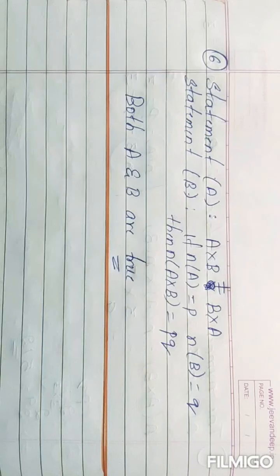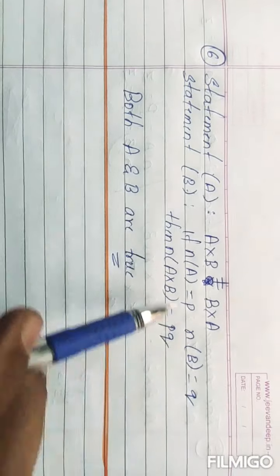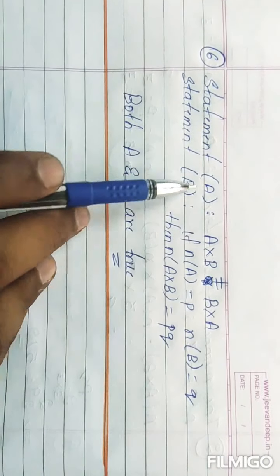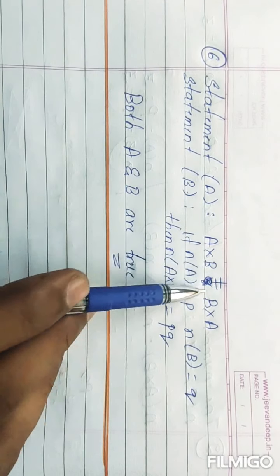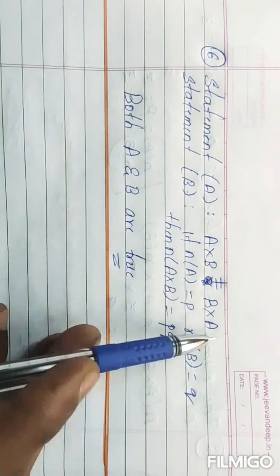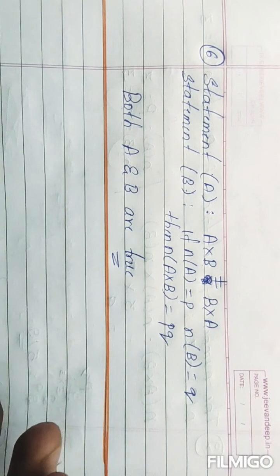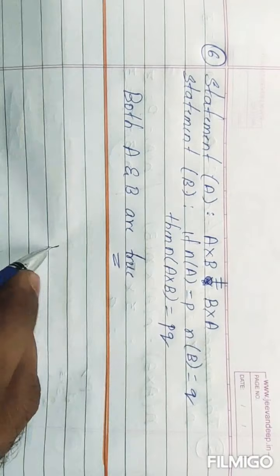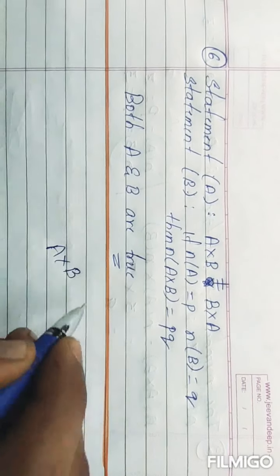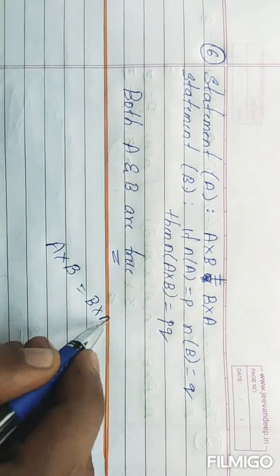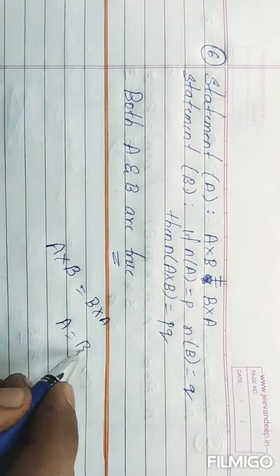Okay. Now, sixth question. Statement A: A cross B is not equal to B cross A. Yes, it is true. A cross B is equal to B cross A only when A and B are the same.